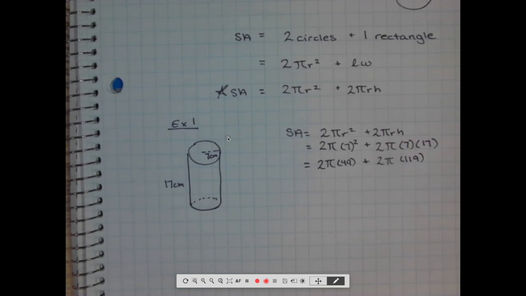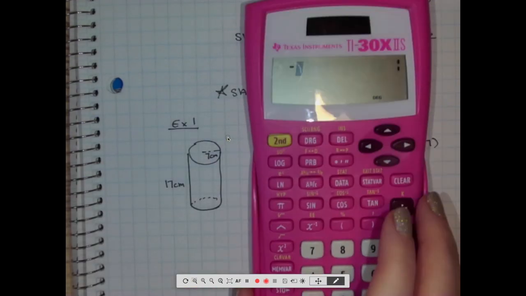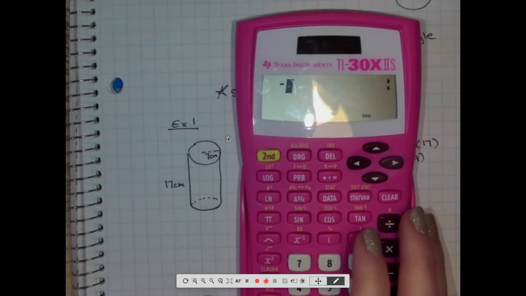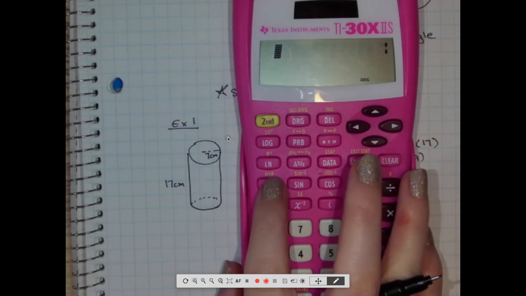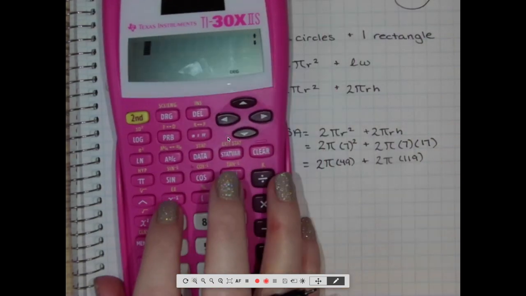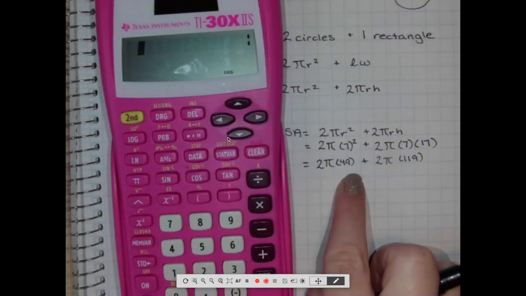So in your calculators, if you have one like mine, this one here, you can make your lives easier by just using the pi button. So for example, this was 2 pi times 49.